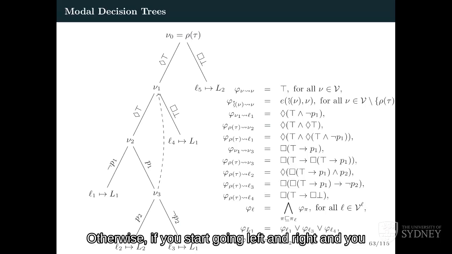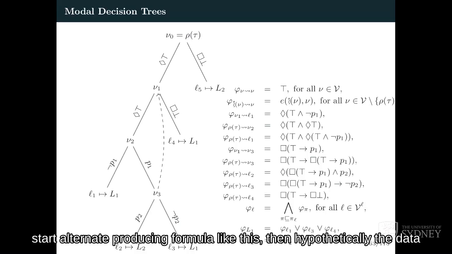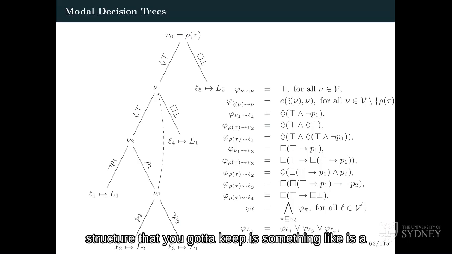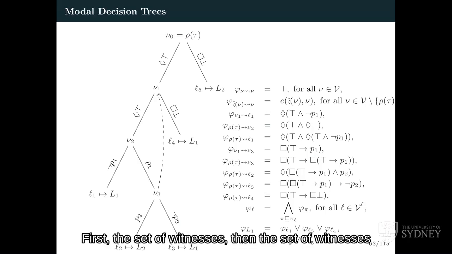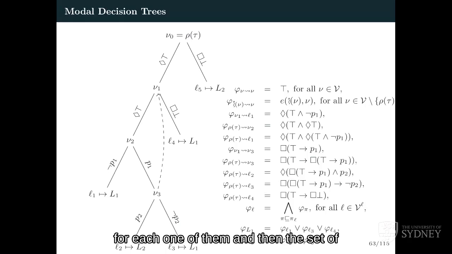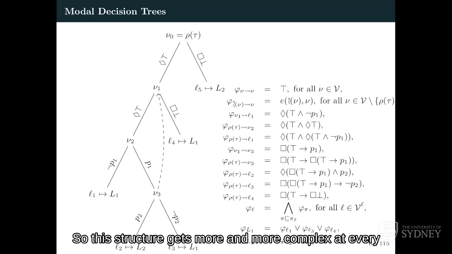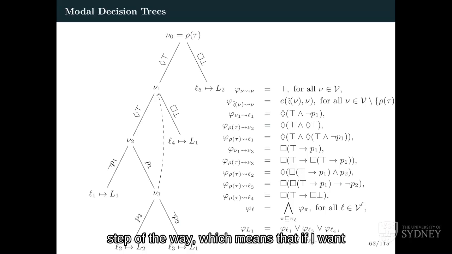Otherwise, if you start going left and right and you start producing formulas like this, then hypothetically, the data structure that you have to keep is a multi-set like this. First the set of witnesses, then the set of witnesses for each one of them, and then the set of witnesses for each one of the level before. So this structure gets more and more complex at every step of the way.